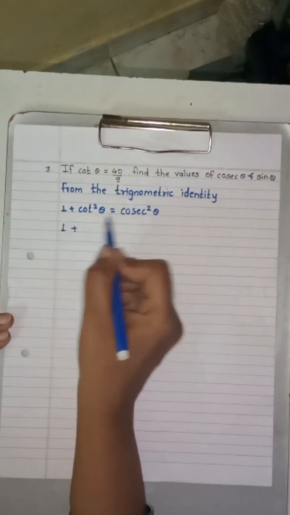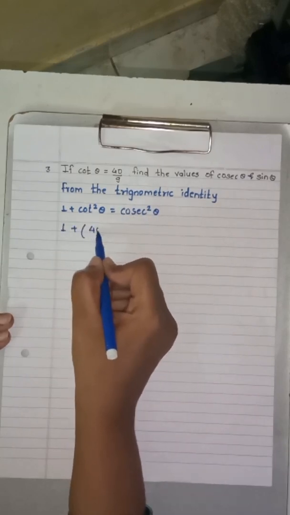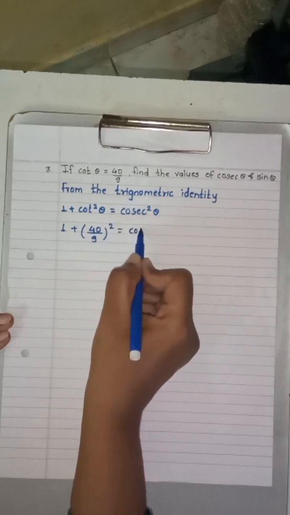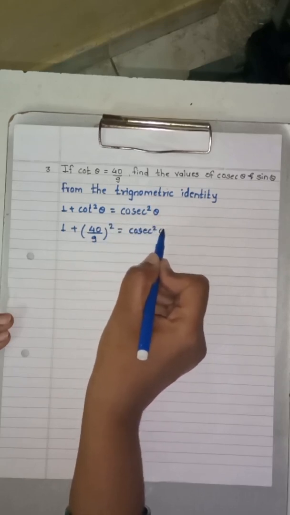So 1 plus the value of cot, which is (40/9) square, is equal to cosec square theta.